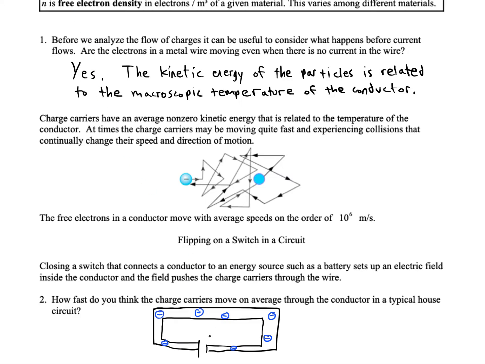This is going to be our negative terminal, and this is our positive terminal. Inside the wire, an electric field will be set up. Now remember that our electric field points conventionally from positive to negative. But this is not the direction that the electrons will tend to go. They're going to tend to go against the field.